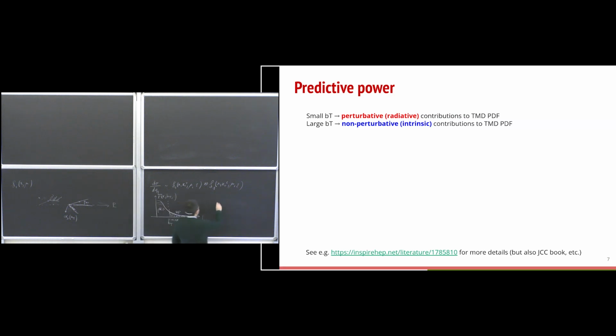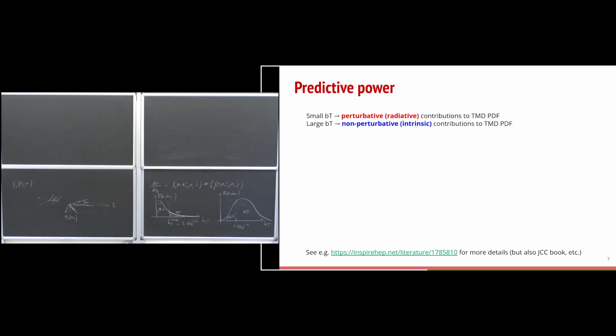So if I draw another distribution here, and I have f of x, BT, Bmax was around here. This is the non-perturbative model, and this is PQCD.